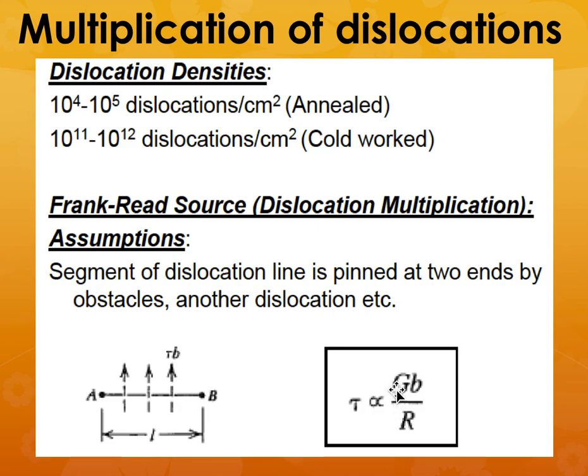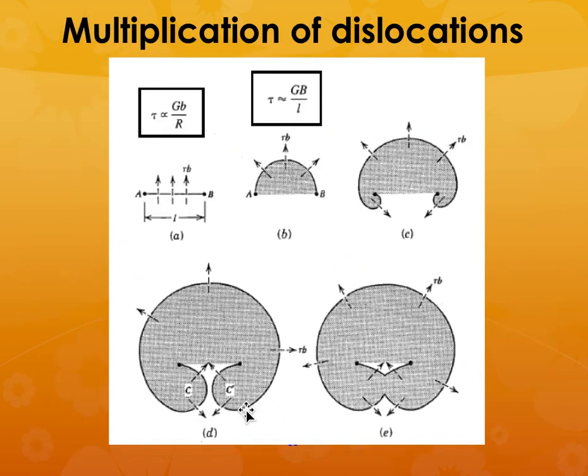That is proportional to G b divided by R, where R is the radius of that line. When you start pulling them apart or deforming that material, it starts bowing from one side to the other.